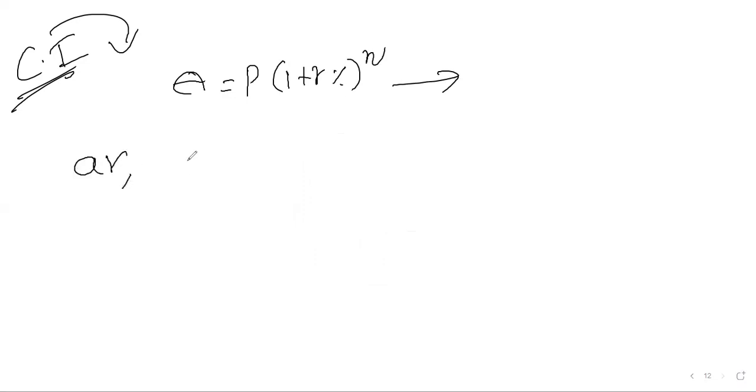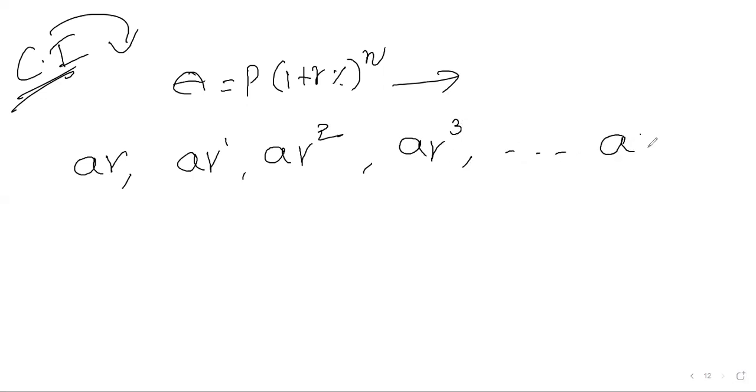The amount A is equal to P into (1 plus R) whole to the power of N. This is the formula for amount in compound interest. Now I'll write: the first year is AR, second year is A R power 1, third year is A R square, and fourth year is A R to the power of 3, and so on.